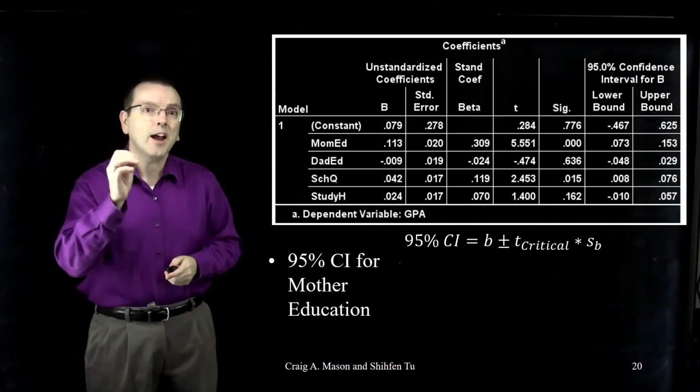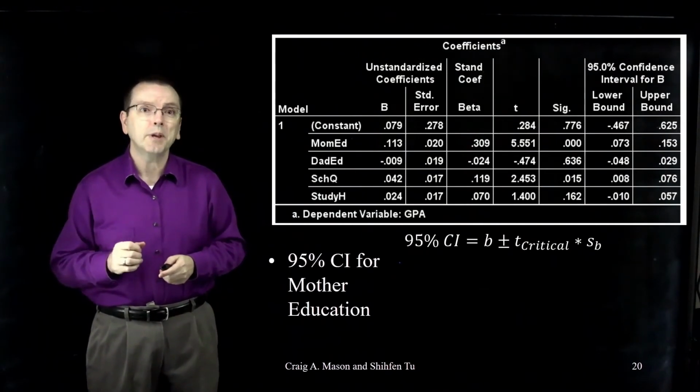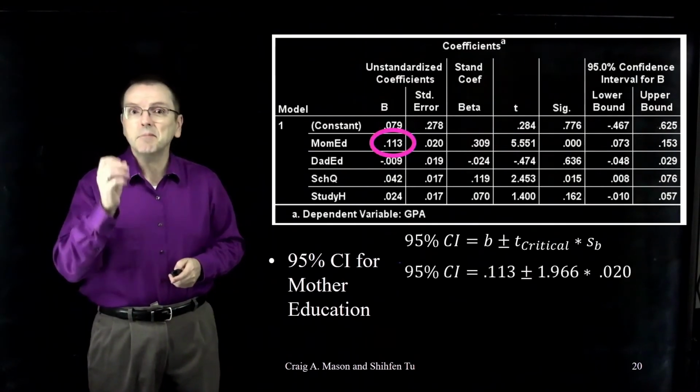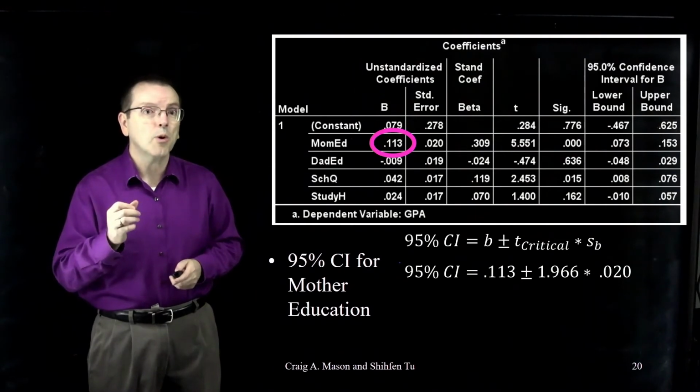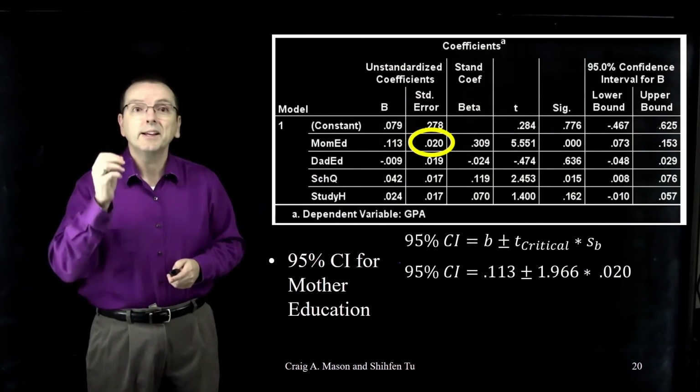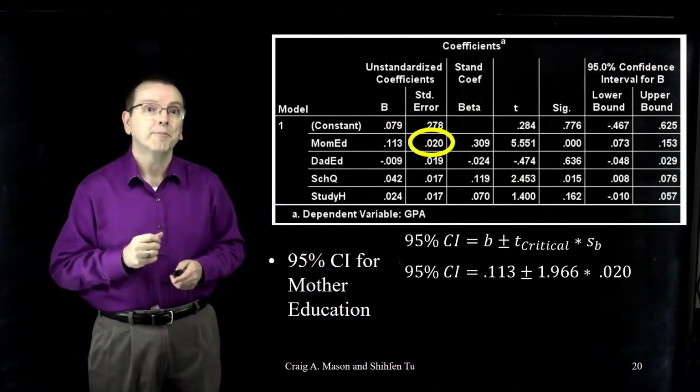Now, a 95% confidence interval would be our regression coefficient, B, or 0.113, plus and minus our critical t-score of 1.966, times the standard error of 0.020.